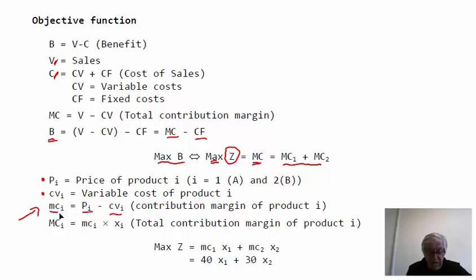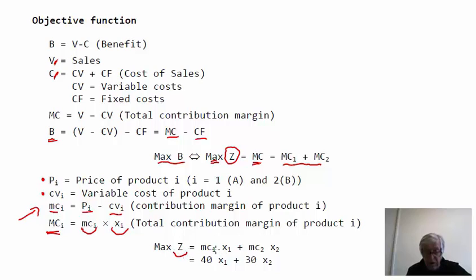Now, having the information about the contribution margin of each product, we can define the total contribution margin of that product, which involves the unit contribution margin multiplied by the number of units that we are going to produce. So in this way, we can identify what is known as the objective function for this problem.